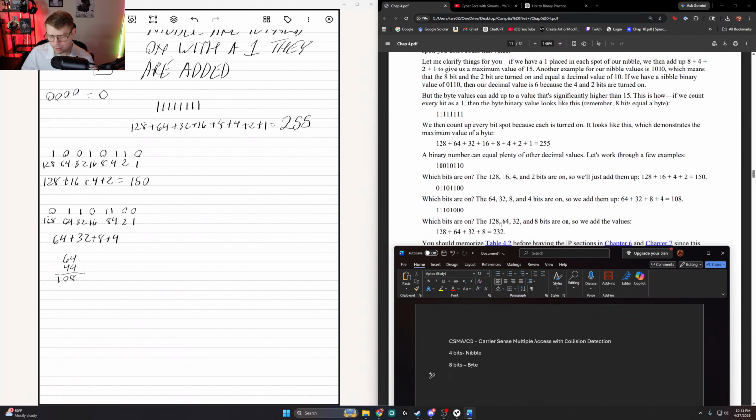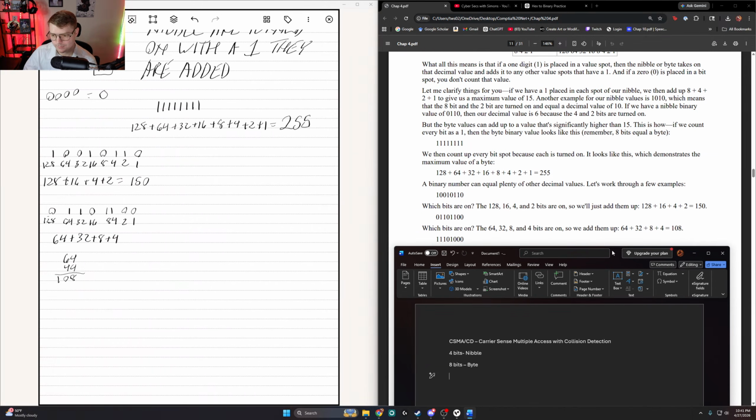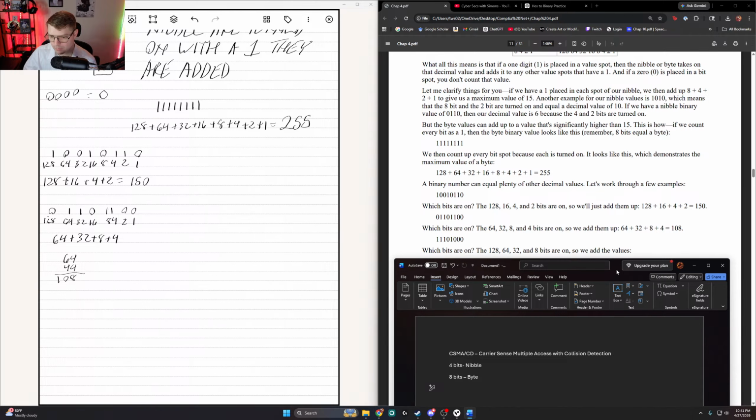So which bits are on? If we're going with his example, he's saying that the values 128, 64, 32, and 8 are on. So what does that look like for us in binary?